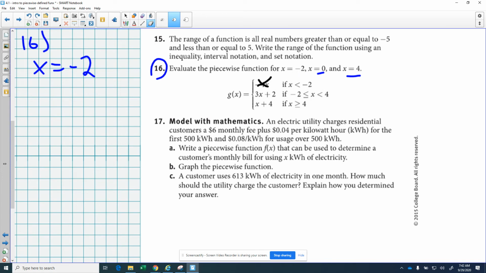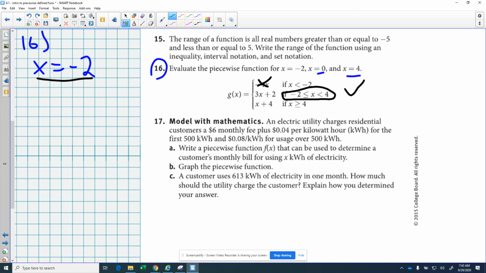In the next restriction, we have if x is greater than or equal to -2, or if x is less than 4. Since -2 would fit into that segment because -2 can equal -2, this is the line that -2 works with.